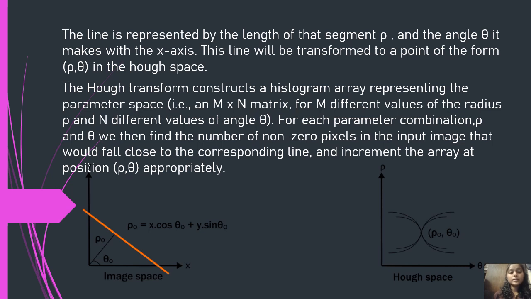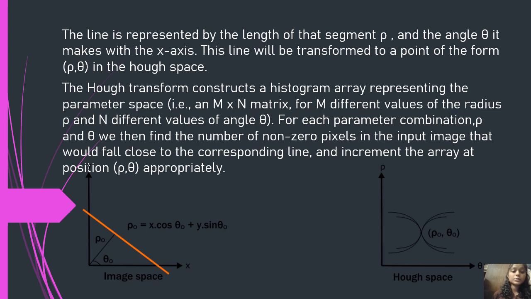So the line is represented by the length of the segment rho and the angle theta it makes with the x-axis. This line will be transformed to a point of the form rho comma theta in the Hough space.